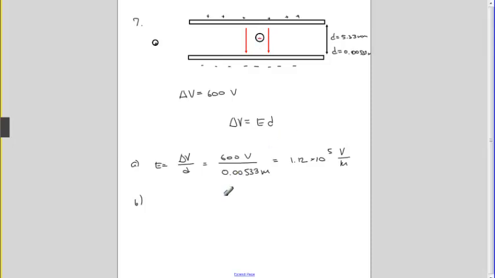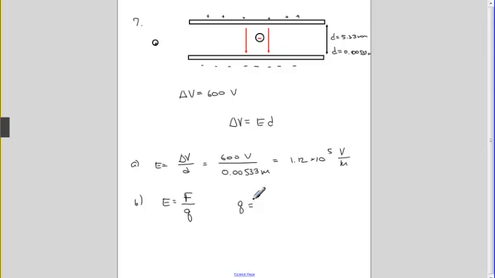So the force acting on that, remember, electric field is also defined as force per charge. And we have an electron, so we know what the charge of an electron is. It's 1.6 times 10 to the minus 19th, I'm pretty sure.